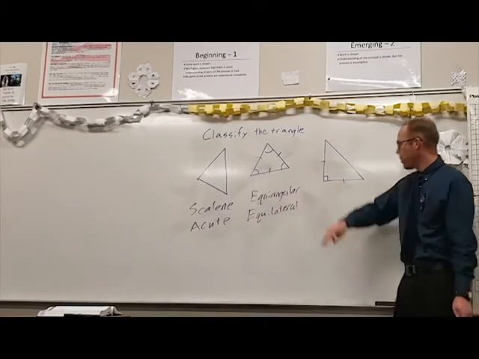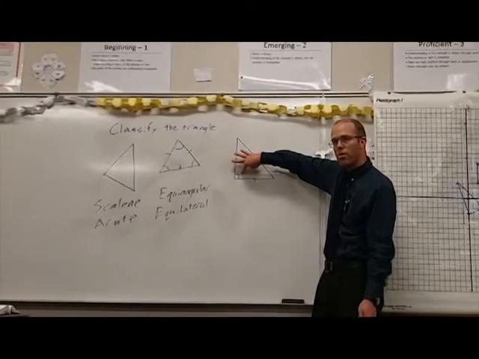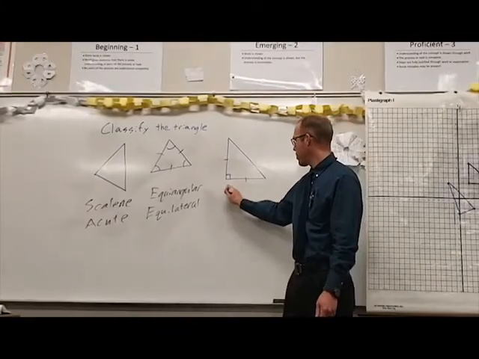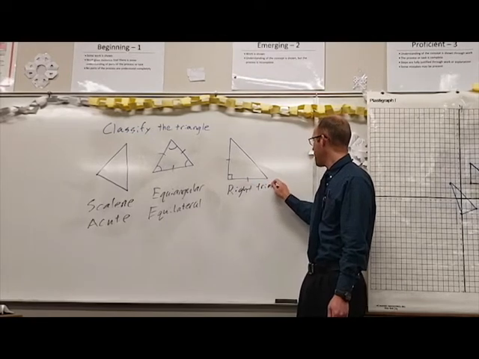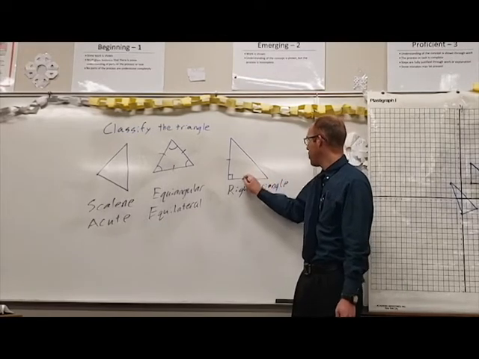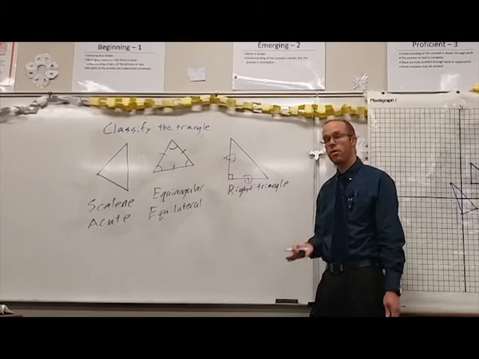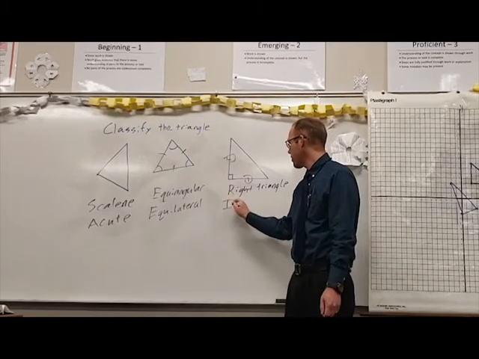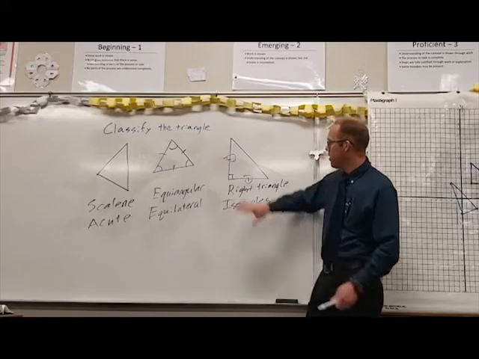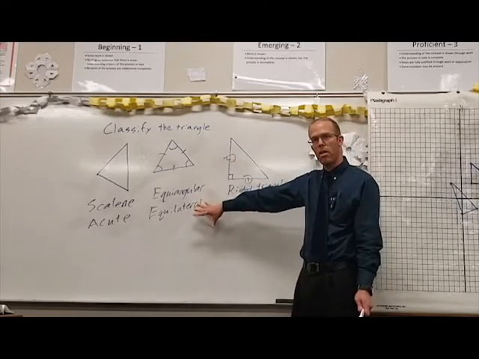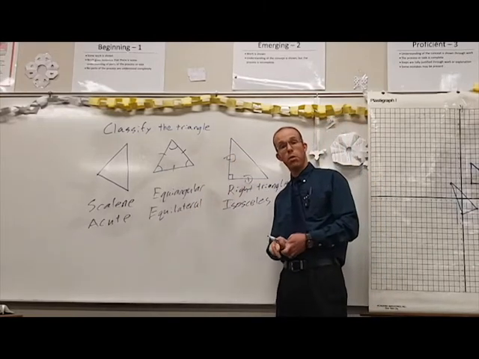All right, and on this one we can see the right angle. So by angles, this is a right triangle. And we can see that two of these sides are congruent to each other, so this is also isosceles. So make sure you take a look and get all of the categories if they have multiple.